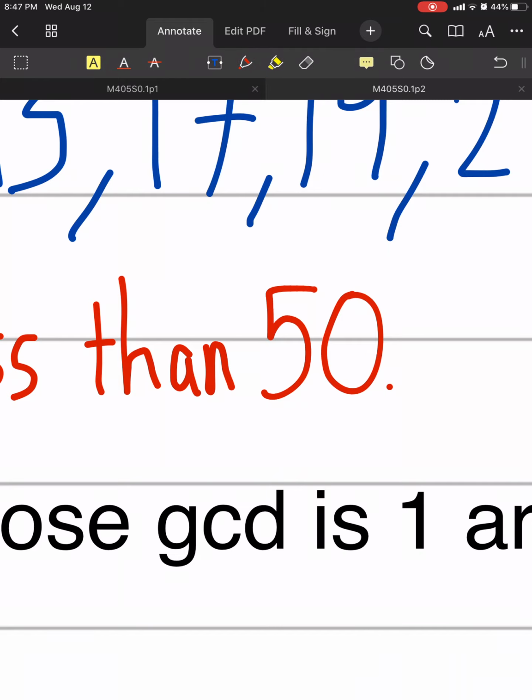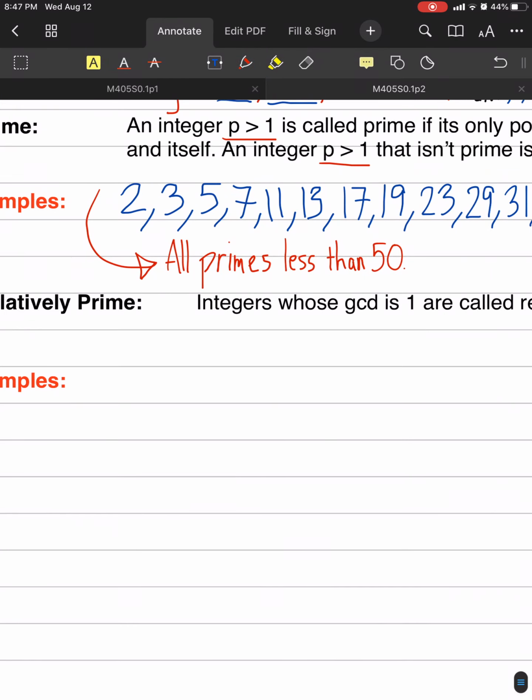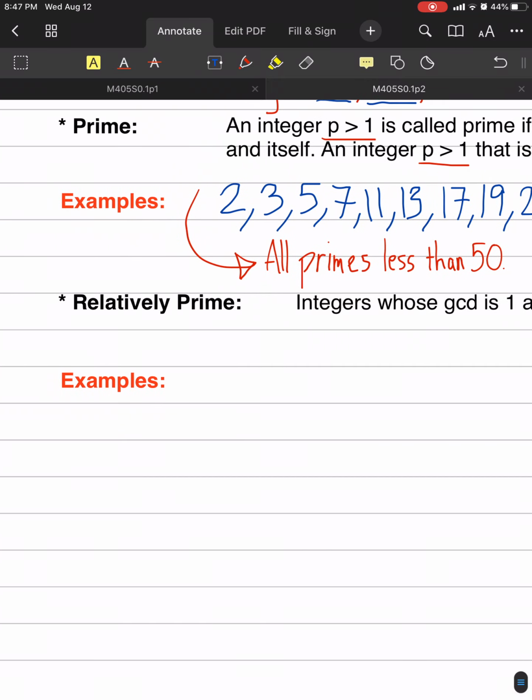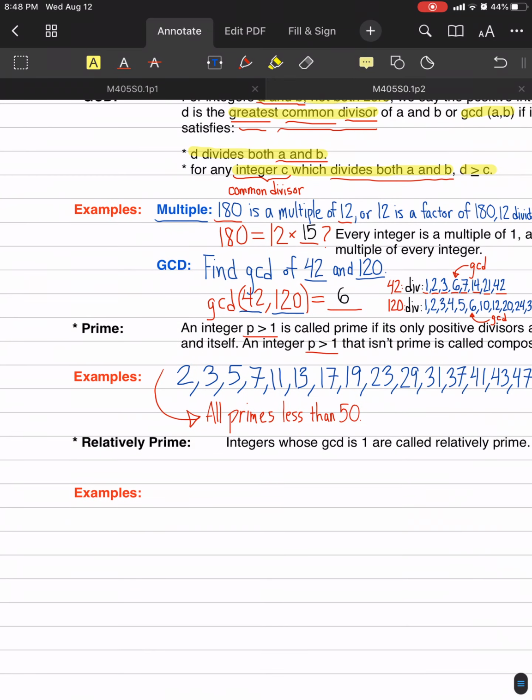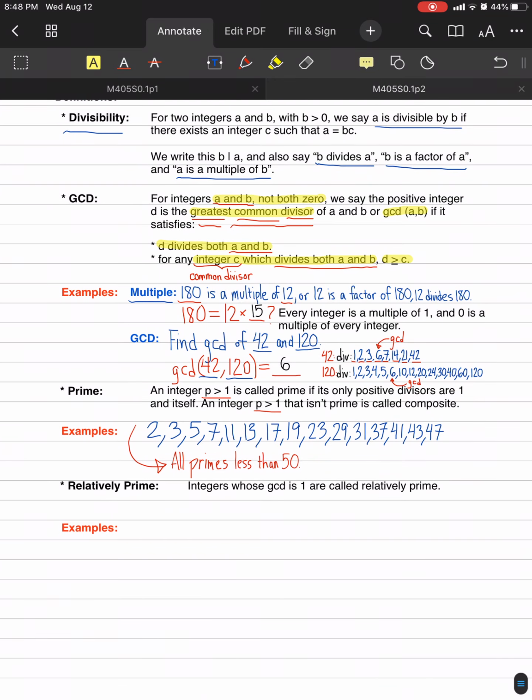There we go. Sometimes it's easier to write than others. All right. So all primes less than 50, these are the ones we get. Nothing special about stopping at 50. You can stop at 100. You can stop wherever you want, but no matter how far you go, there are always more primes. So there are infinitely many primes, and we will prove that, but not today.